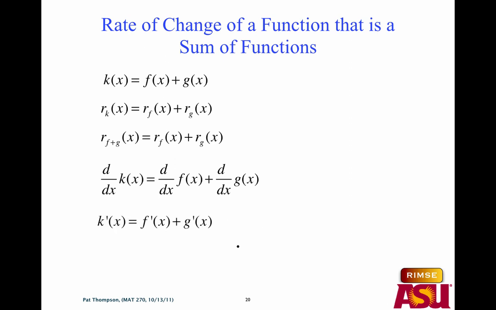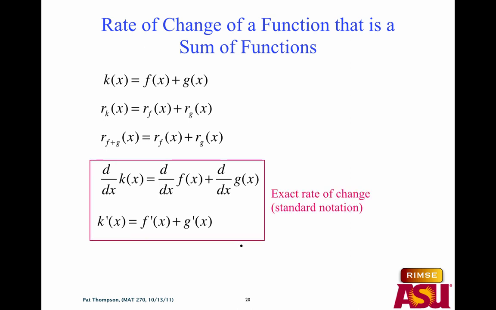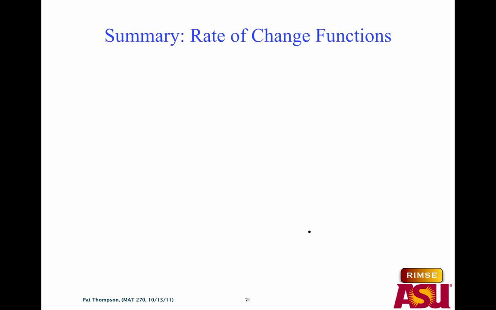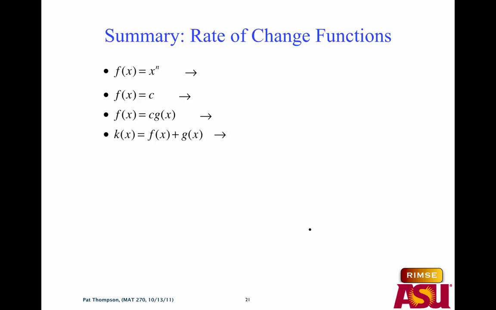And then there's the other notation that I just mentioned. So these are exact rate of change functions, and this is the standard notation that you're going to see when you go into your textbook. So to summarize, we've established some rules to get the rate of change functions in closed form from these types of accumulation functions.